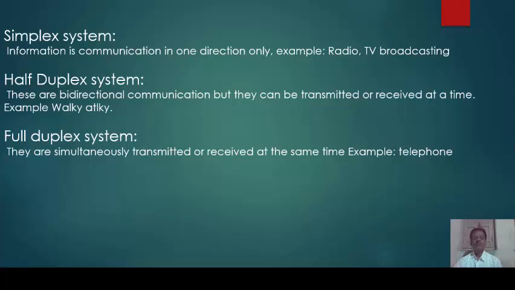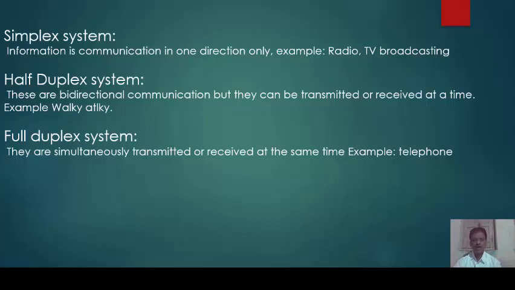Now the second type of system is the half duplex system, which is bidirectional communication. In this, the signal can be transmitted or received, but only one at a time. Simultaneous transmission and reception is not possible in this system.